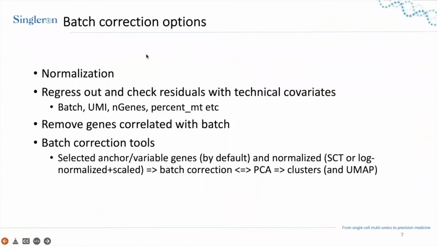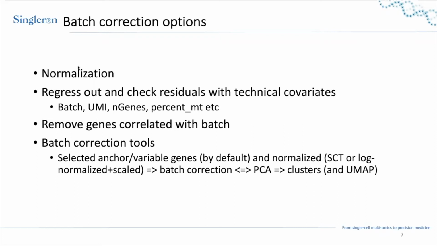The next part is that there are several options for batch corrections. The first one is normalization, like log normalization or the SCTransform from Seurat. They conduct a different normalization by summing up all of the counts so that each cell has the same amount, or regress out some of the variance, like the percent of mitochondria or the library size.